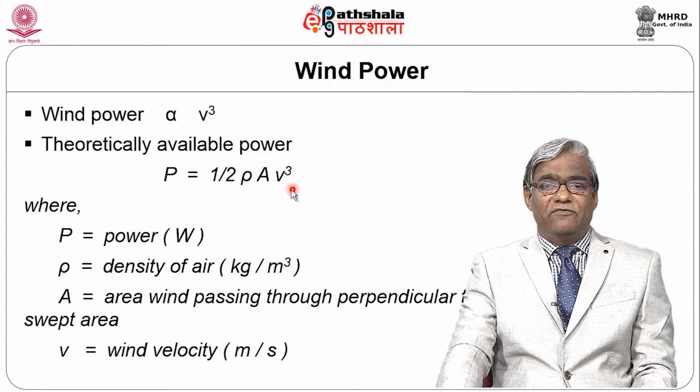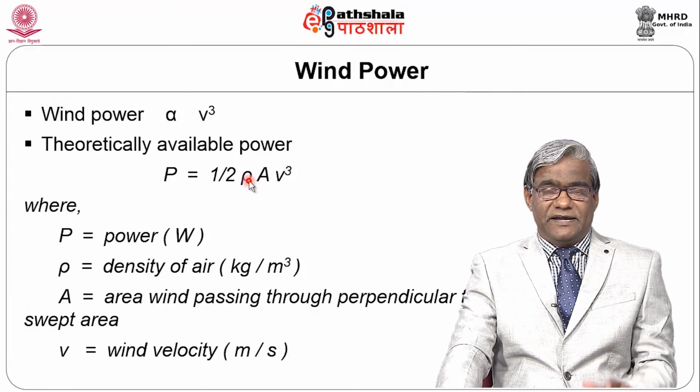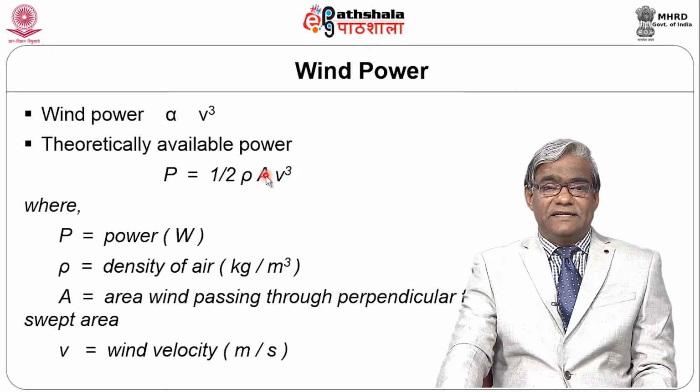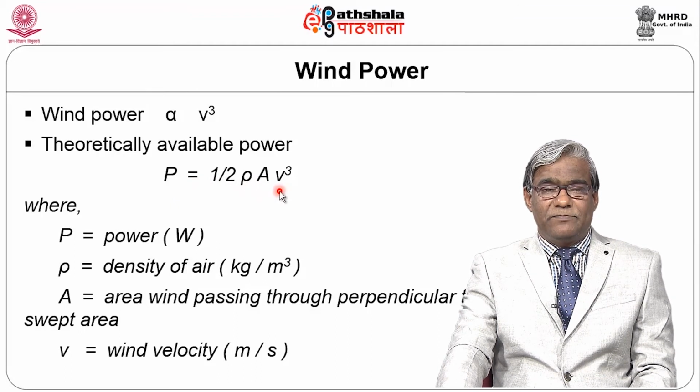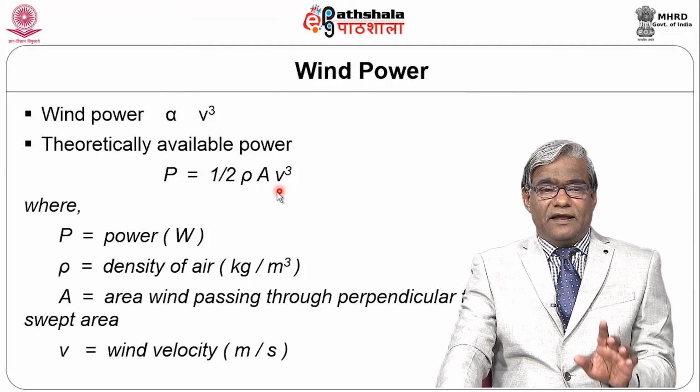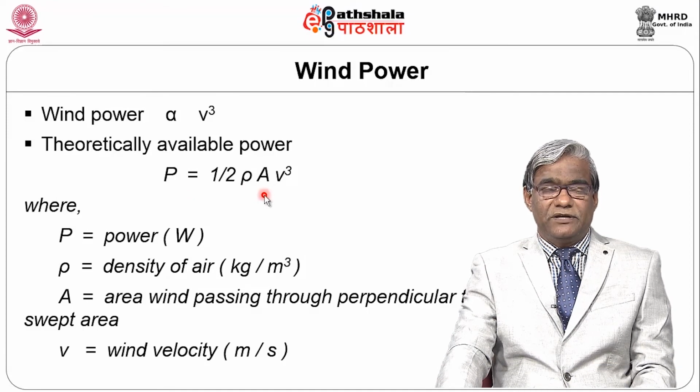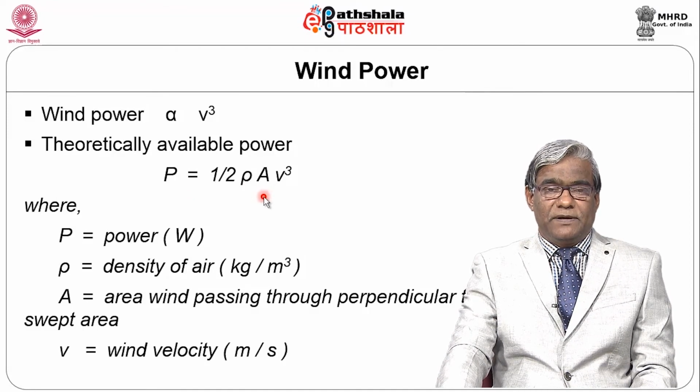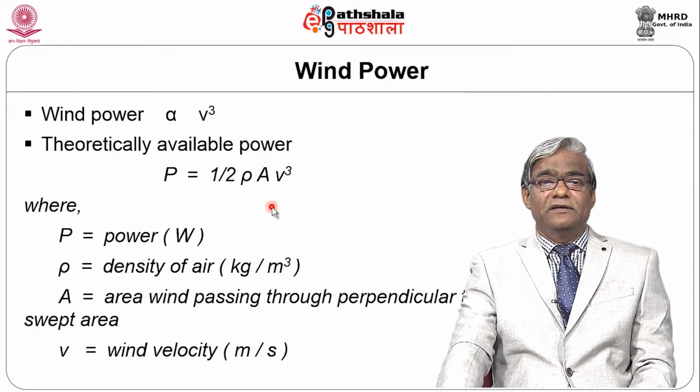So, rho and V cube depend upon the site, but A is in our hand. When we increase the swept area, definitely the power output can be increased, but we cannot keep on increasing it. It has its own limitation, and it should be optimized. So, this is the empirical relation to get the wind power.